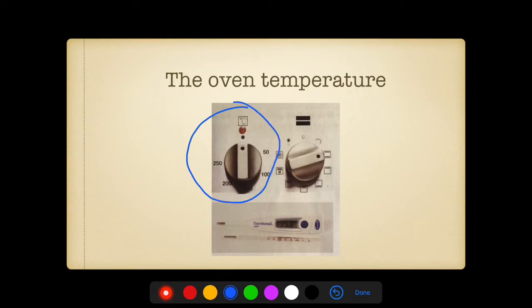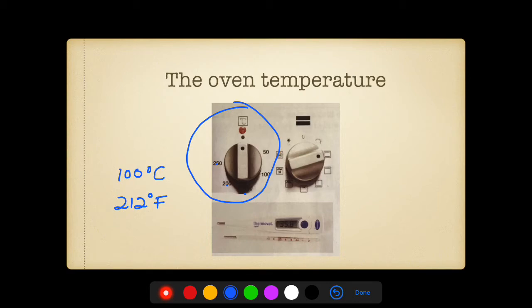And you can see it only goes from 50 to 100 to 150, 200, and 250. And now clearly this is in degrees Celsius, okay, because degrees Fahrenheit, so boiling point is 100 degrees Celsius. At Fahrenheit, it is 212 degrees Fahrenheit.